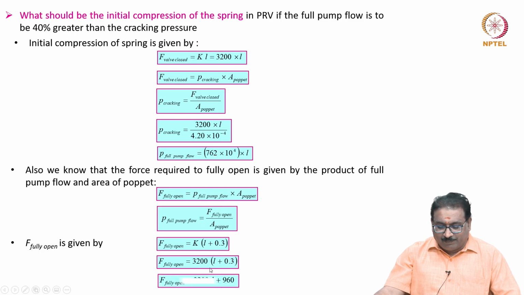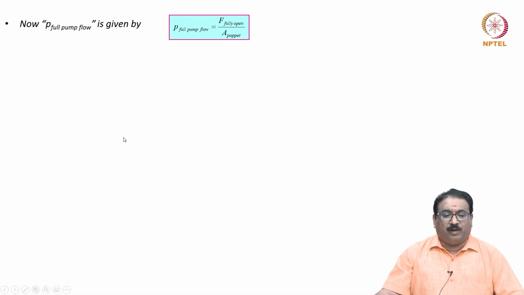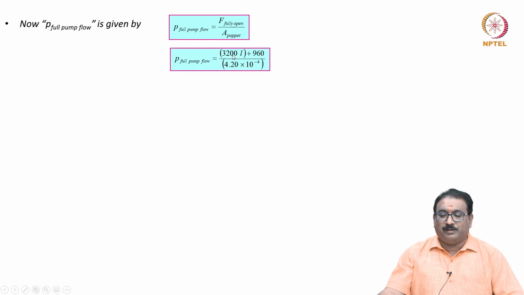Then I am simplifying this 3200 into L multiplied by this 960. Okay. Now, the pressure when full pump flow, which is given by F force by an area fully open and poppet. Substituting the value here, then after simplification, what I will get here 762 L plus 229 into 10 to the power of 4.